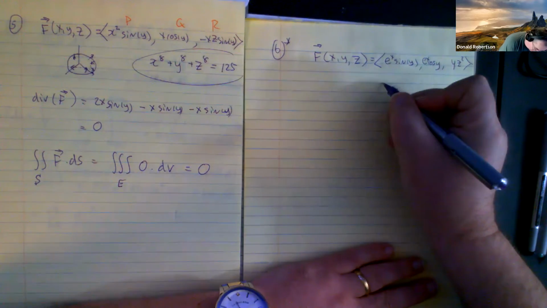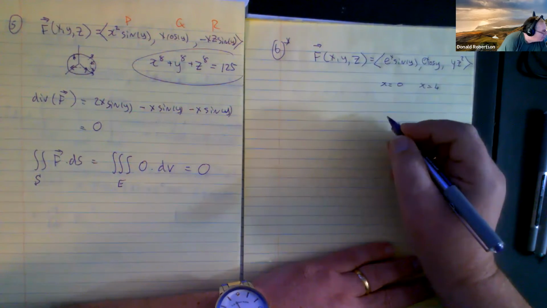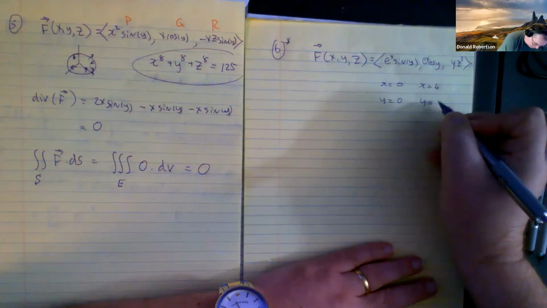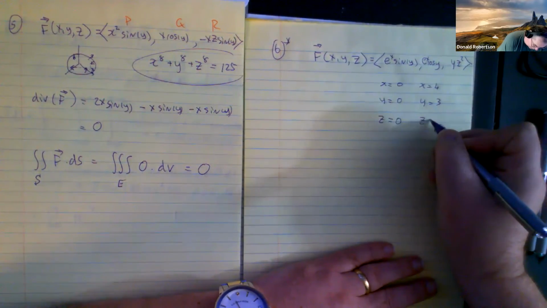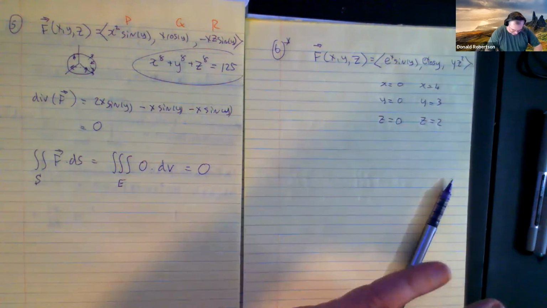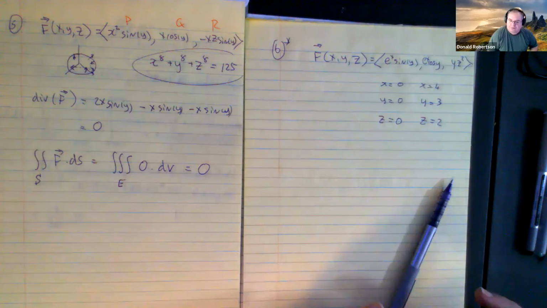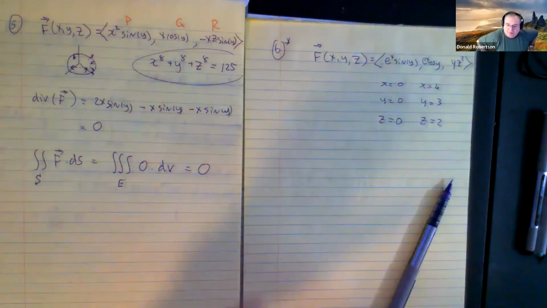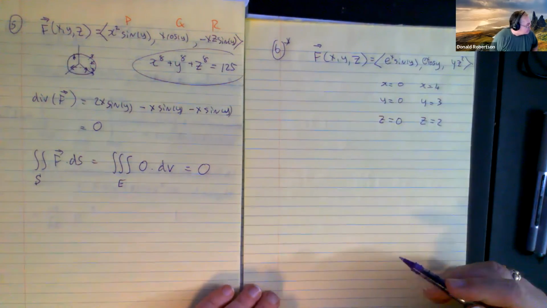And we are doing x equals 0 to x equals 4, because they tell me y equals 0 to y equals 3, and we're doing z equals 0 to z equals 2. So basically, can you imagine a 3-dimensional box, right? 6 sides to it. This is the vector field that's passing through that box, or the box is passing through the vector field, whichever way you want to think of it.